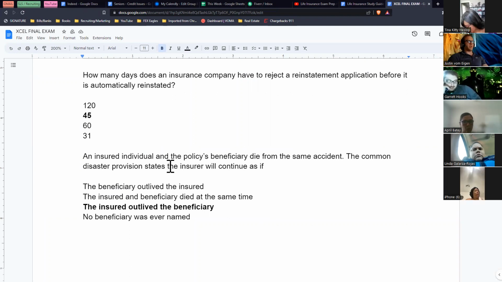An insured individual and the policy's beneficiary die from the same accident. The common disaster provision states the insurer will continue as if the insured outlived the beneficiary.